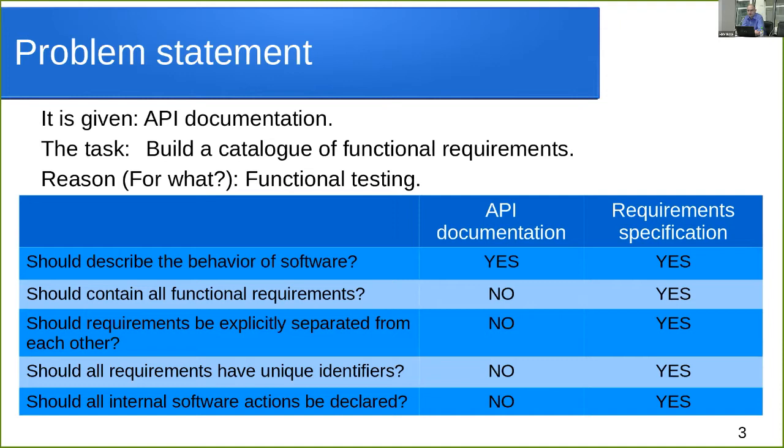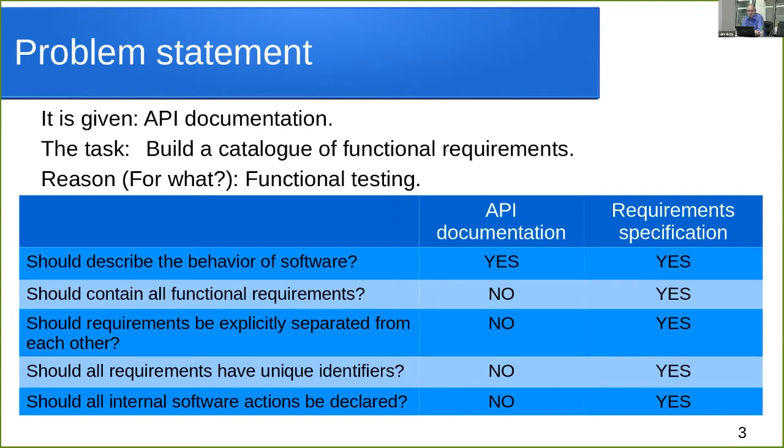The first reason is that it is very hard to measure the completeness of our testing, because this API documentation does not contain separated requirements with unique identifiers. So we are not able to trace our tests to these requirements, and so we are not able to calculate the completeness of our testing.